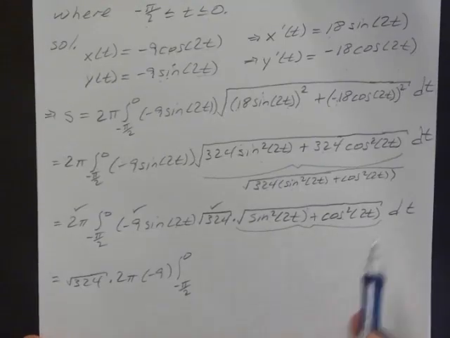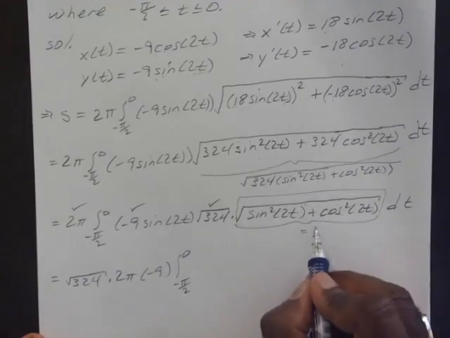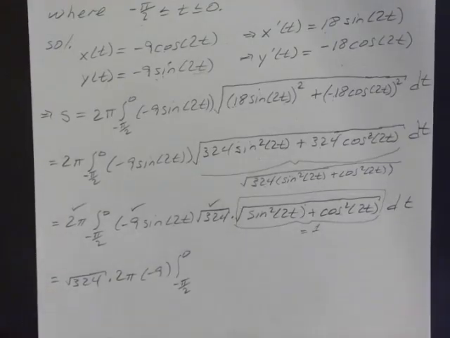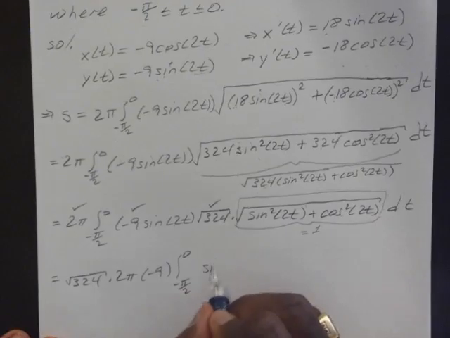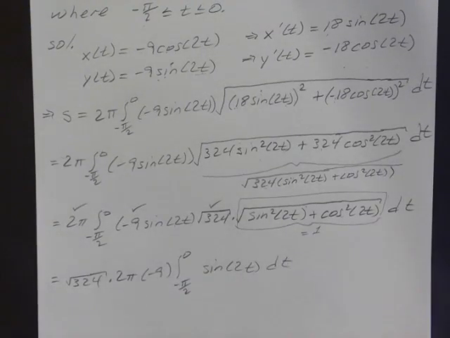So the square root of 1 means that this entire thing just turns into 1. So that just leaves us with the integral of sine of 2t with respect to t.